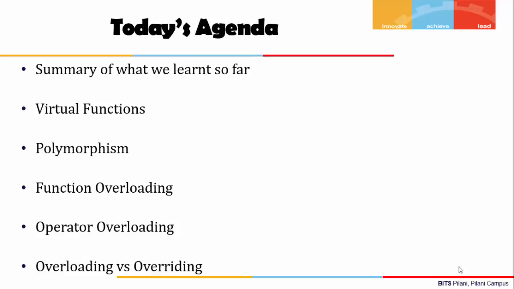We will see how the same function can be used with different argument types or numbers in function overloading. Next, we will discuss operator overloading, where normal operators can be used on user-defined data types. Finally, we will discuss the differences between overloading and overriding.